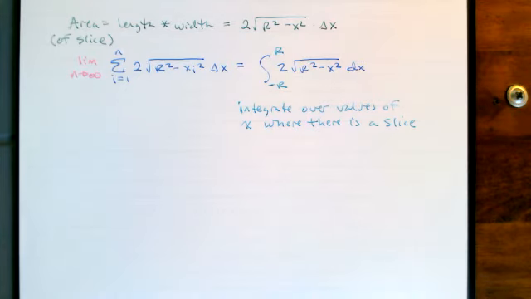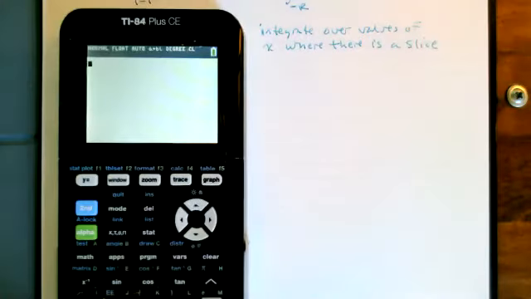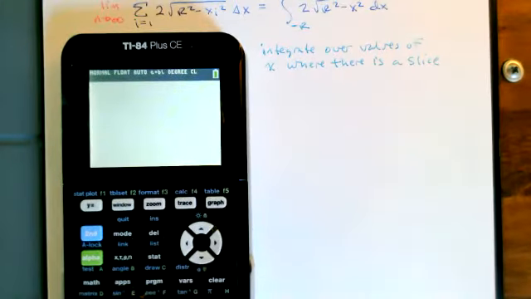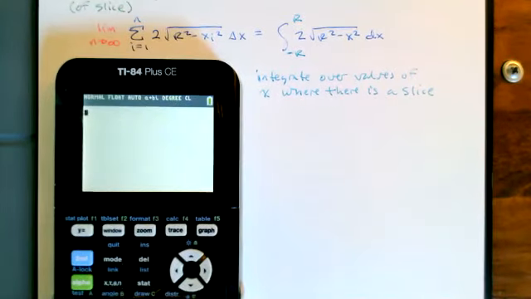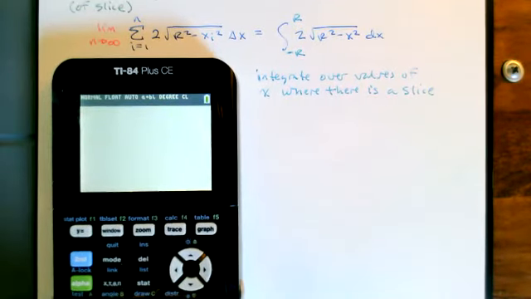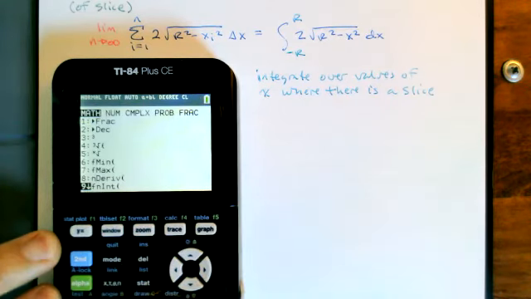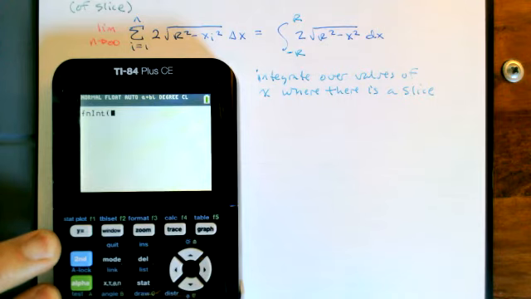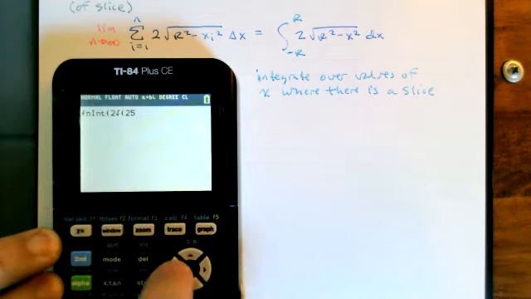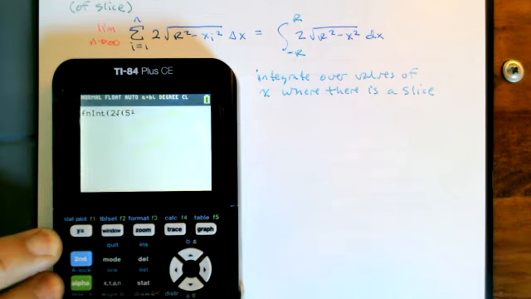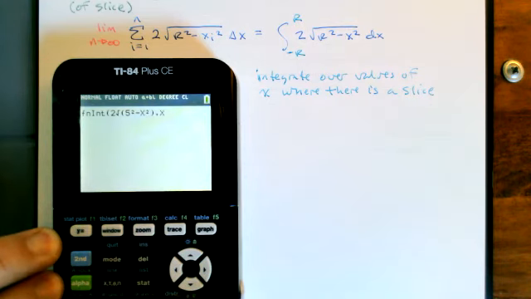We can try this for some fixed value of r. Let's try that. Let's pick r equals 5. That'll do. So let's do an integral from -5 to 5 of 2 times the square root of 5 squared minus x squared with respect to x.